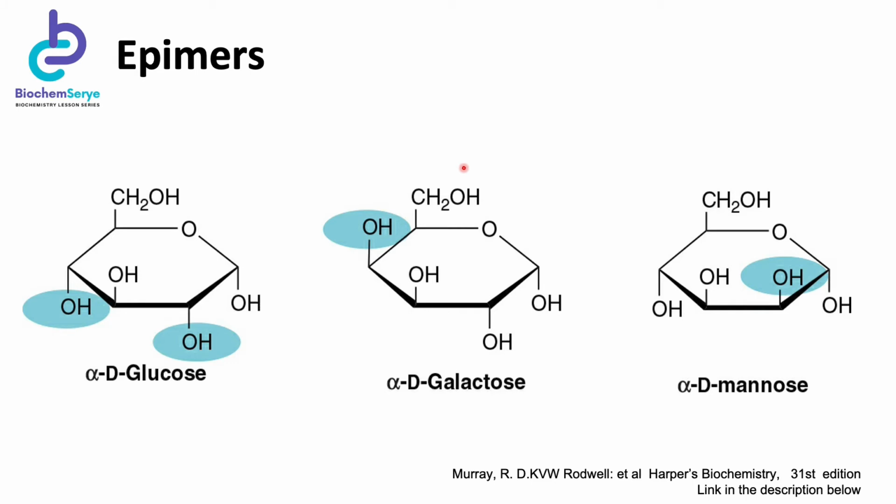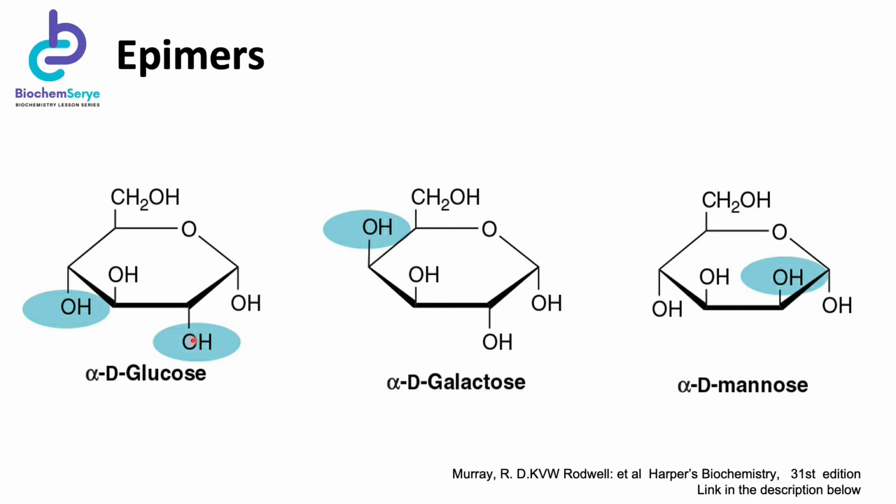Here's another look at monosaccharides that are epimers and stereoisomers. As we have seen a while back, glucose and galactose are epimers because they only differ in the position of the hydroxyl group in one carbon, and that is carbon 4.